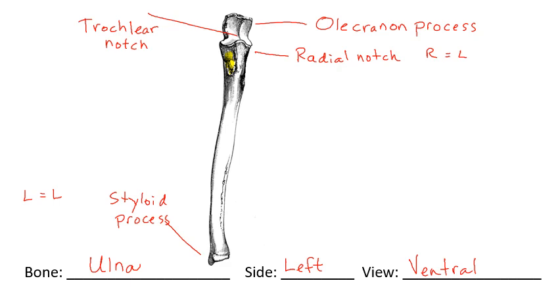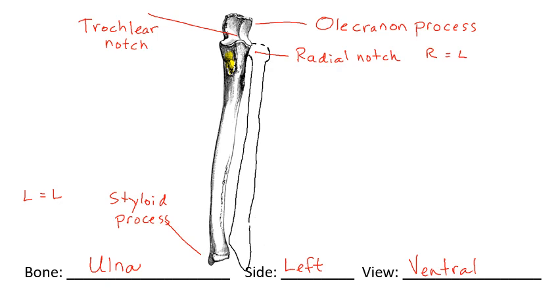The reason is, okay, so I'm going to go black and I'm going to just draw in a radius. So if I had a radius, it would be articulating right in this area. It would be the head, right? And it would come down as such. We get our styloid process.